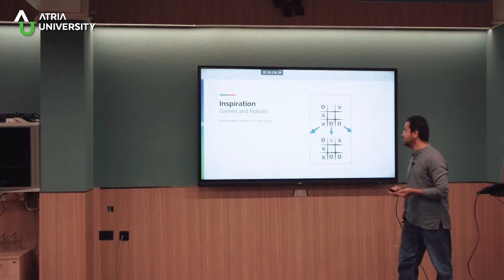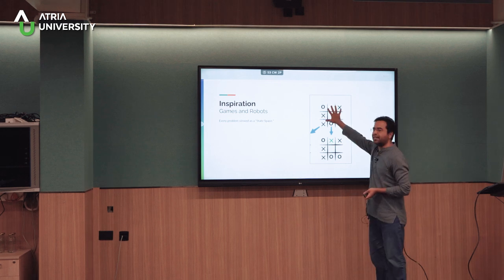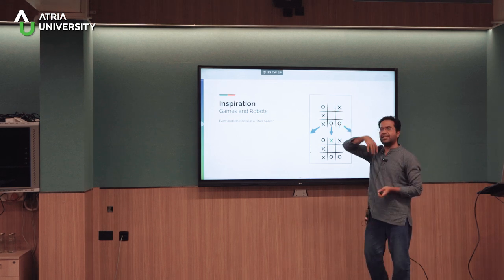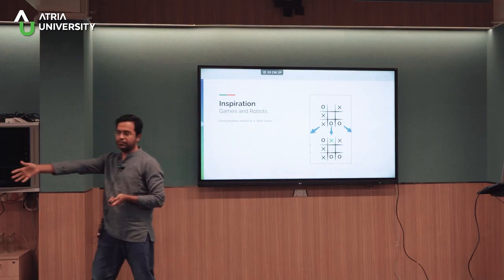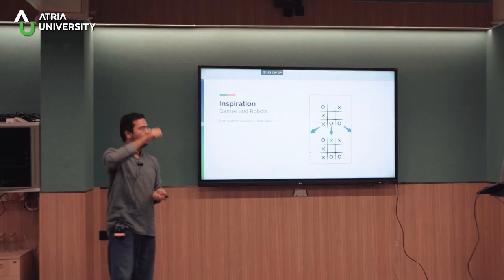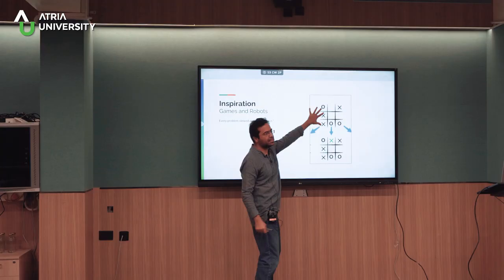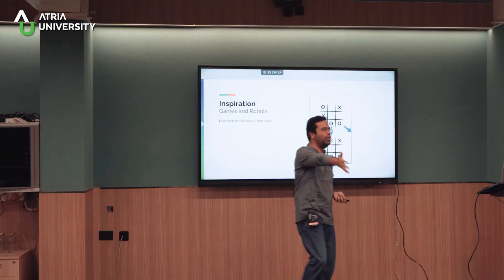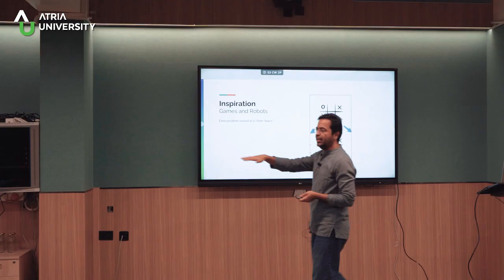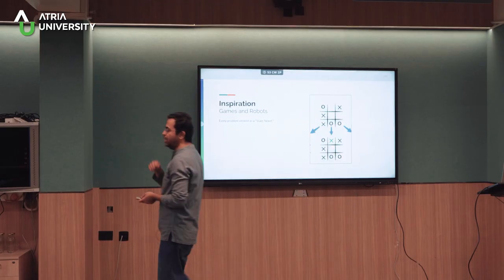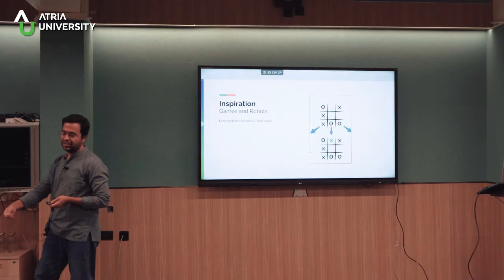What that means is that the game is in this state, and the final state you want to reach as a machine playing a game is to win the game. So how do you go from the current state of the game to a state where you win the game? The intelligence became, how do I navigate the state space? How do I change the state so that I eventually win the game?